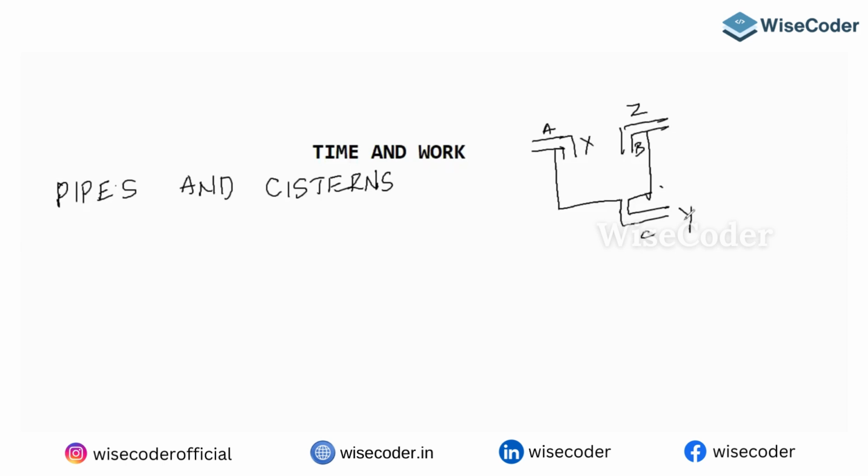Pipe C is taking Y minutes to empty. So I can say positive, 1 minute work, can I say 1 by X plus 1 by Z minus 1 by Y. This is 1 minute work. This is A plus B minus C. Why am I writing minus C? Because this is the empty work. That's it. That is the only change in pipes and cisterns.